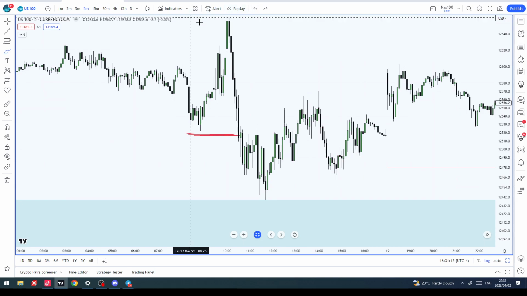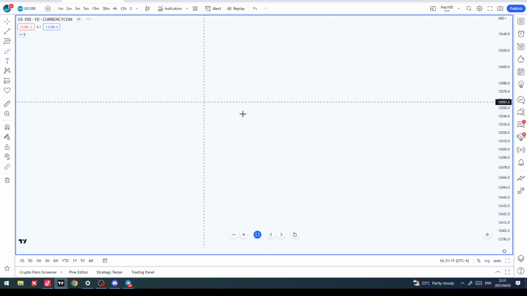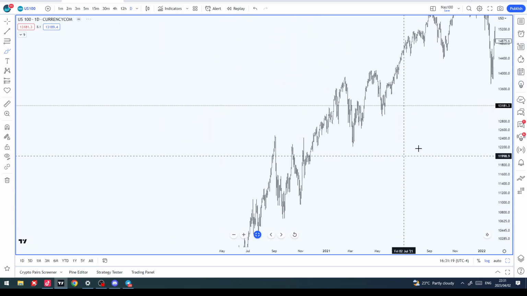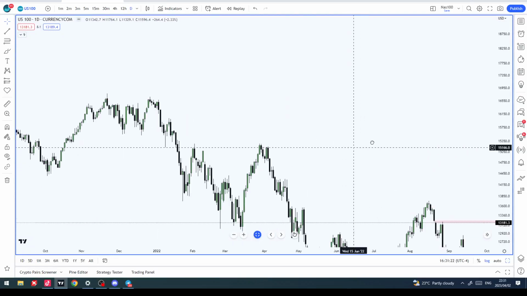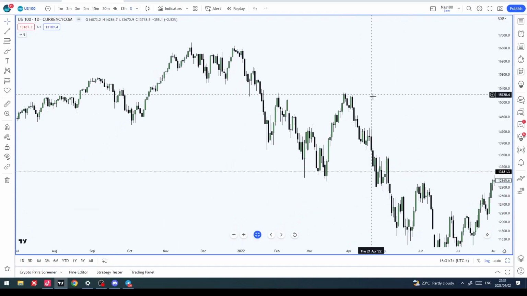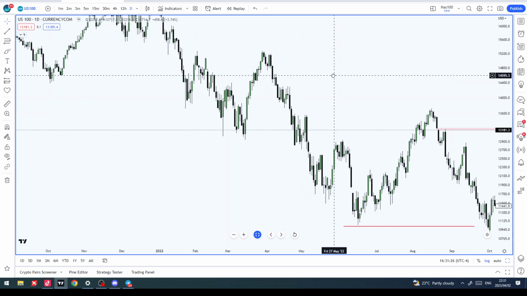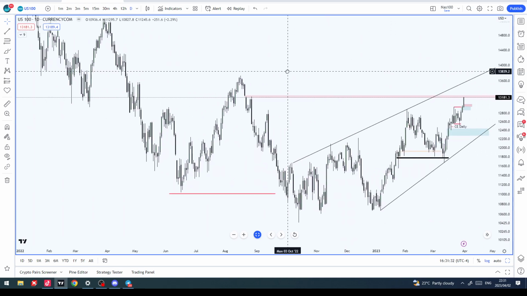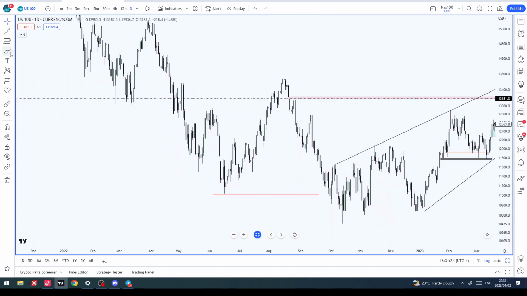So it's the same story that we're looking for on a high time frame. I'm just trying to find an example here. We could find one right here. Okay, there's a low.